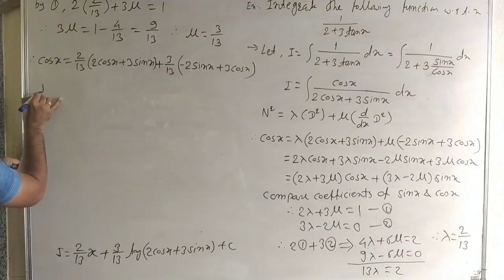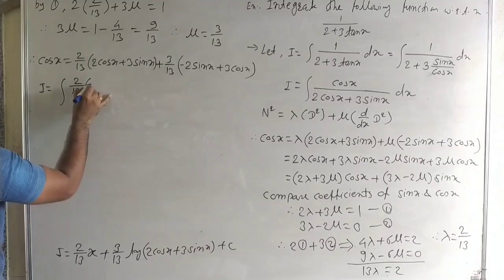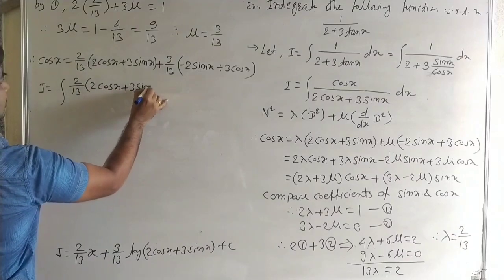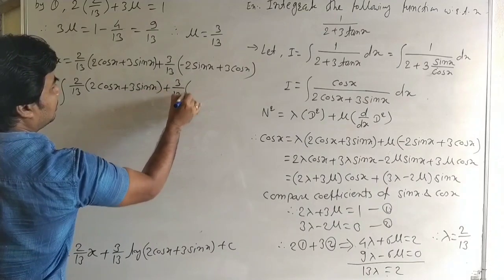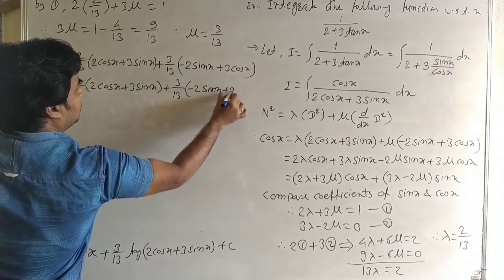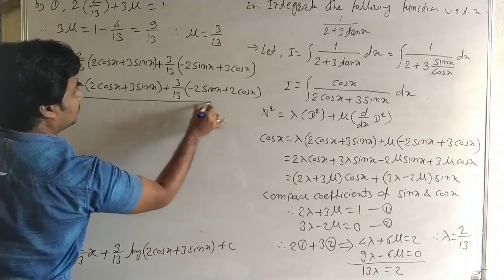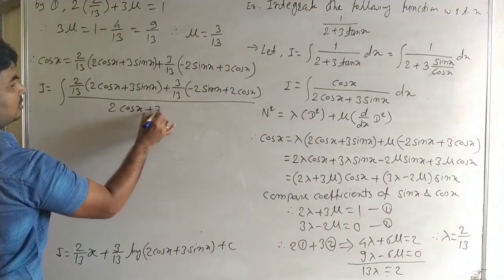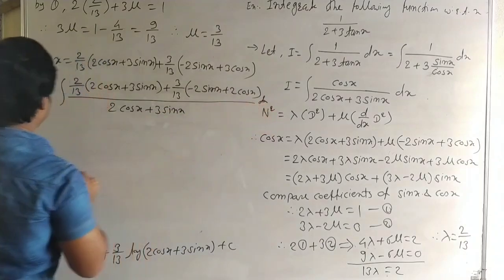Therefore the integral is equal to 2 by 13 into 2 cos x plus 3 sin x, plus 3 by 13 into minus 2 sin x plus 3 cos x, the whole upon the denominator 2 cos x plus 3 sin x, dx.